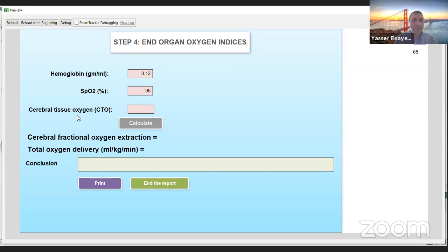And the cerebral oxygen extraction in this case was just 50, so borderline low. When you click calculate, the software will calculate the fractional oxygen extraction and give you an impression about the level. So it was high, because 0.47 is high, more than 0.3 is high. And total oxygen delivery was 10, which is very low.